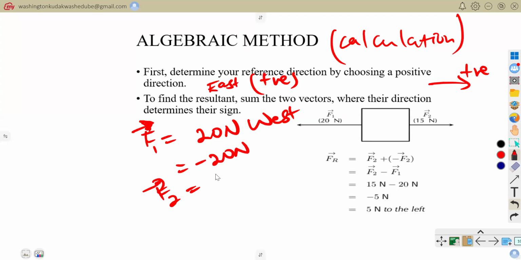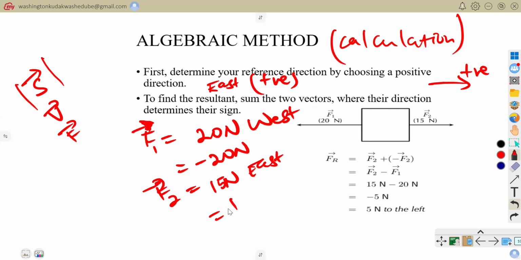That is how we represent a vector, by using an arrow on top. For example, I would have my displacement like that, my velocity like that, my force like that. This arrow simply determines that this physical quantity has both magnitude and its direction. So now my vector 2, which is this one, is going to the east. So this becomes a positive 15 Newtons.